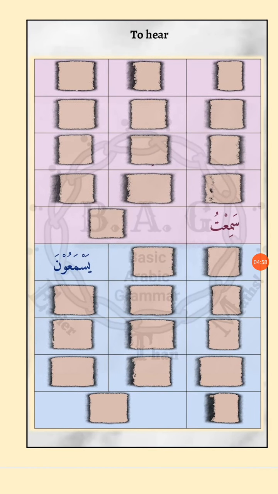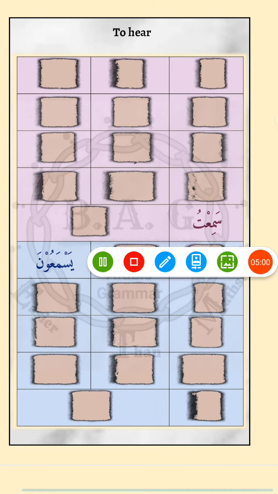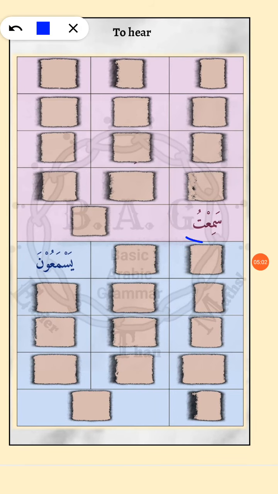Now I have told you just two words, sami'tu, yasma'una. I hope that you can work out the root letters and how you can form the huwa version from sami'tu, and then the huwa version from yasma'una.